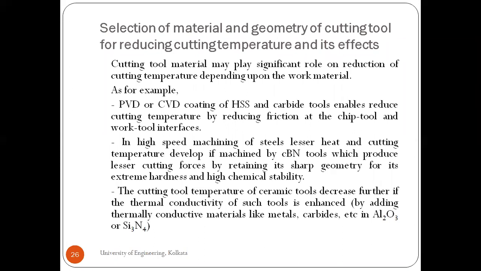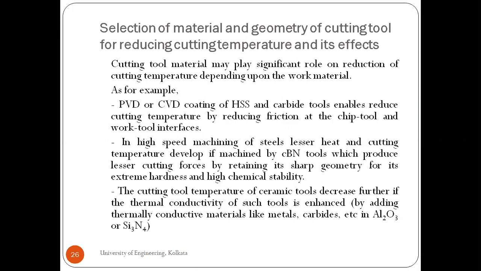So normally high speed machining will generate more temperature, but in case you are using the cubic boron nitride tools, that will generate lesser temperature than the HSS or any other metal tools. These cubic boron nitride tools produce lesser cutting force by retaining their sharp geometry, because it's very hard, and definitely the hardness is a factor wherein the tool wear becomes less, so it retains its sharp geometry, and also it is very stable chemically.